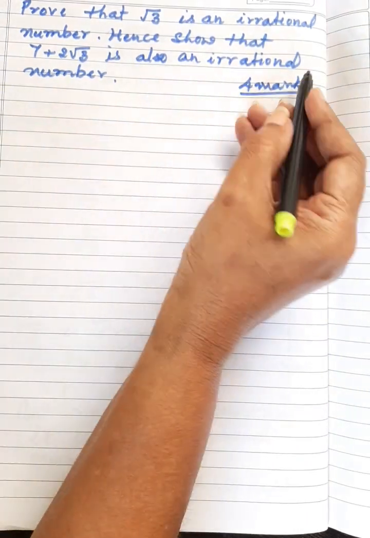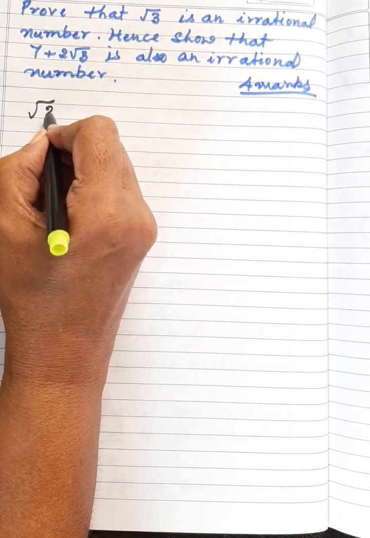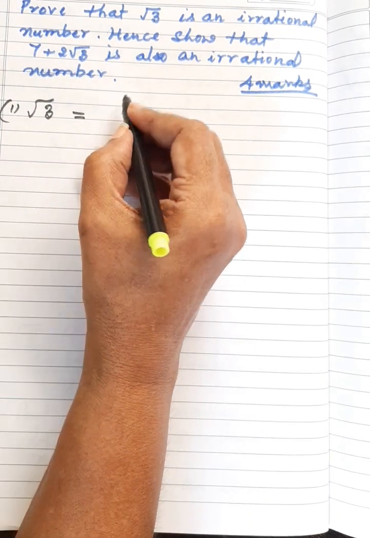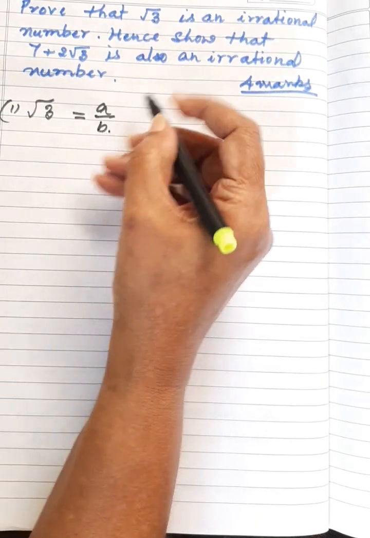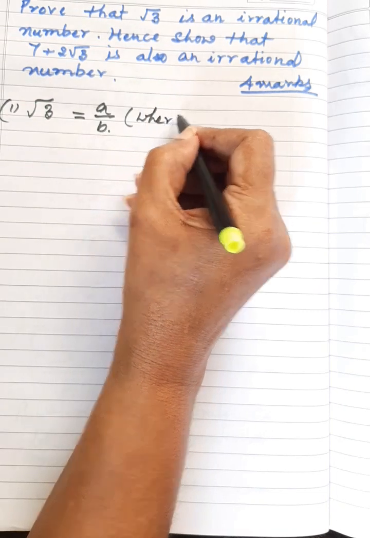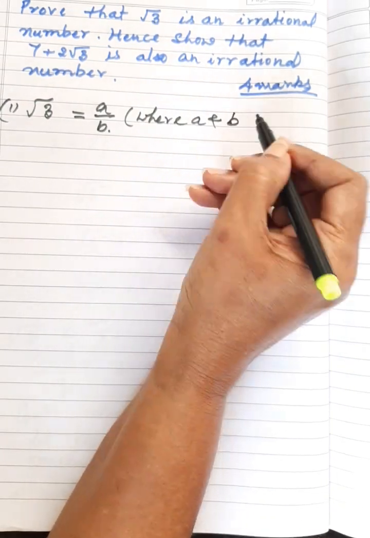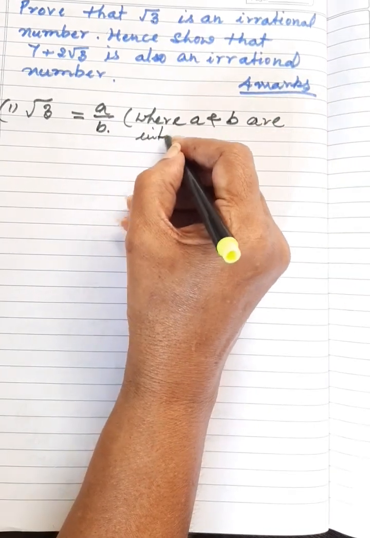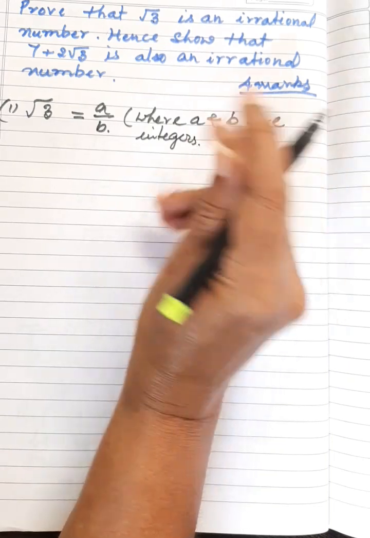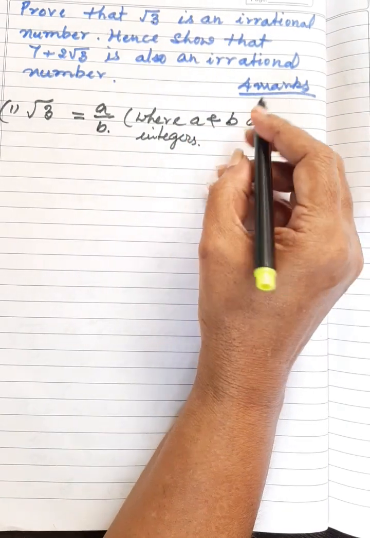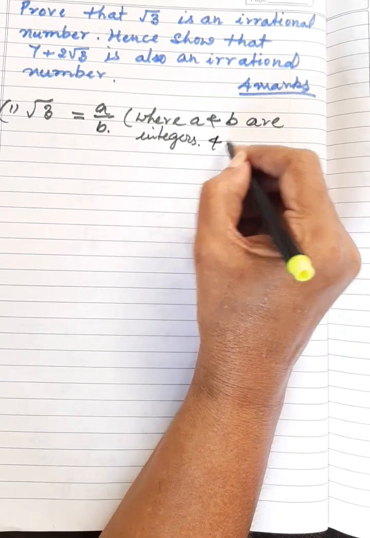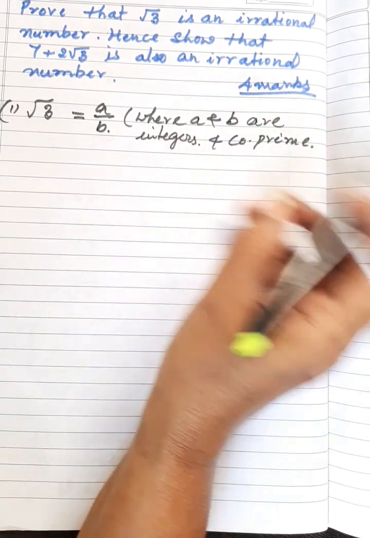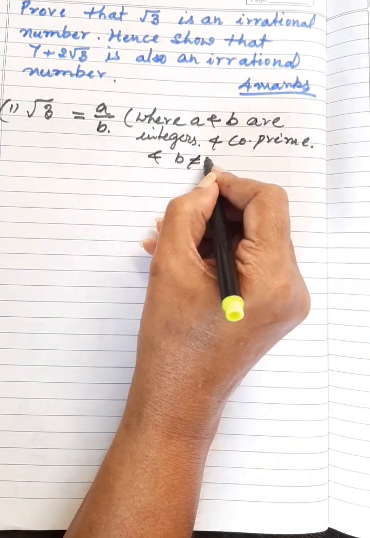Now first step: root 3 is equal to A by B, where A and B are integers. For all problems you should write this, and co-prime. And B is not equal to 0.